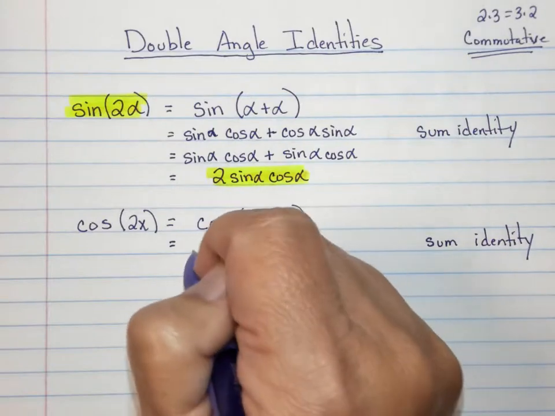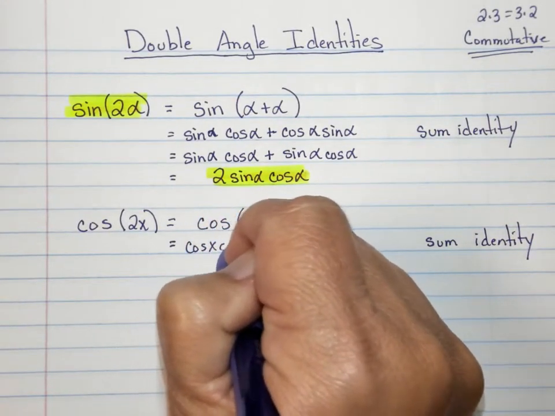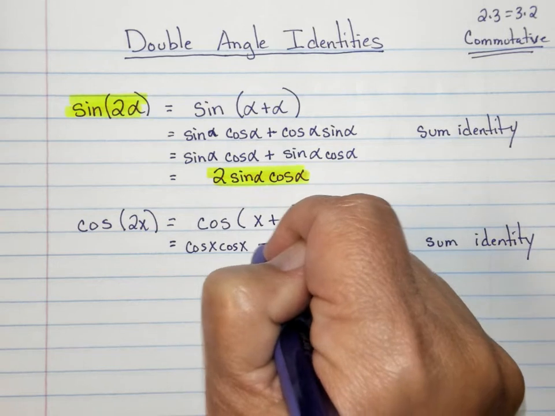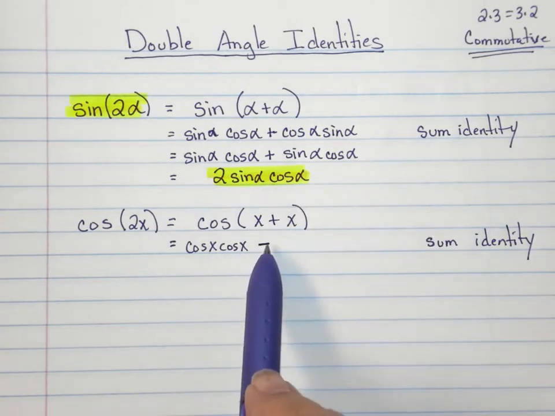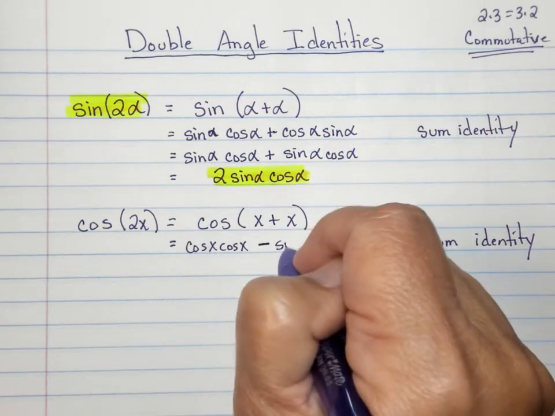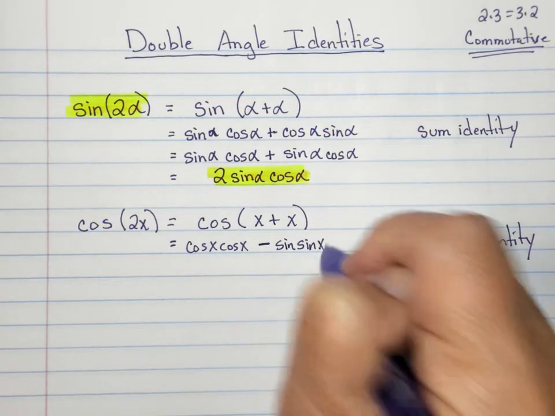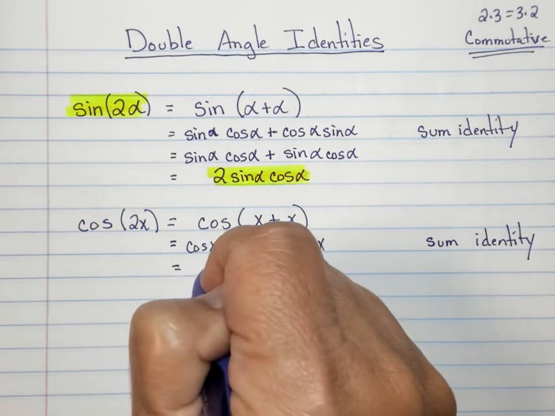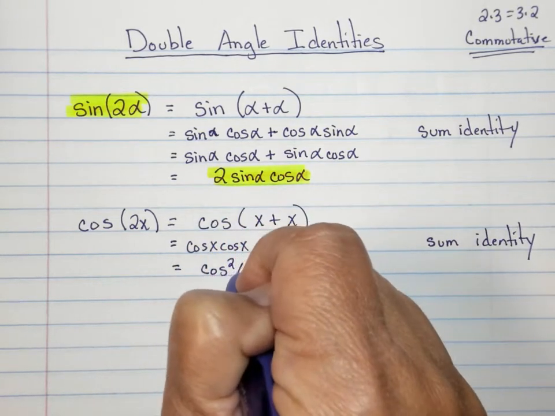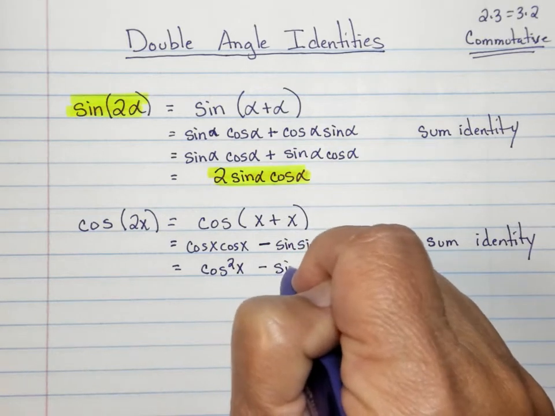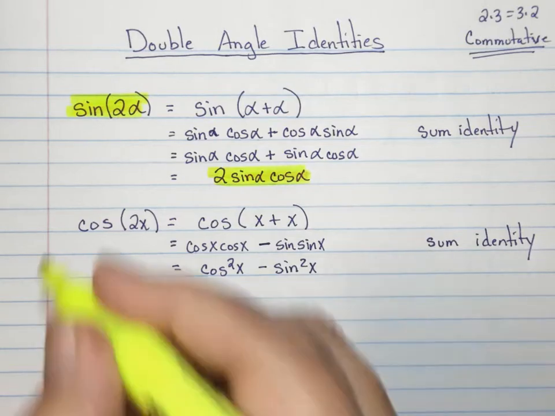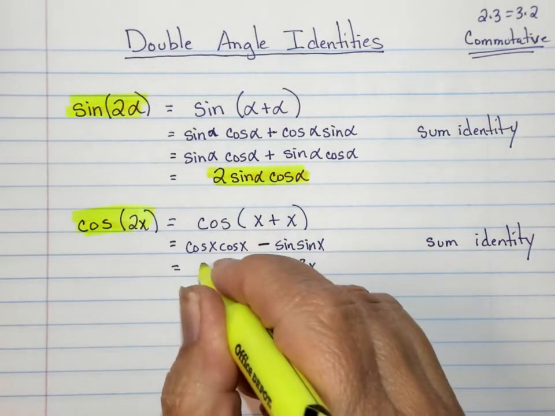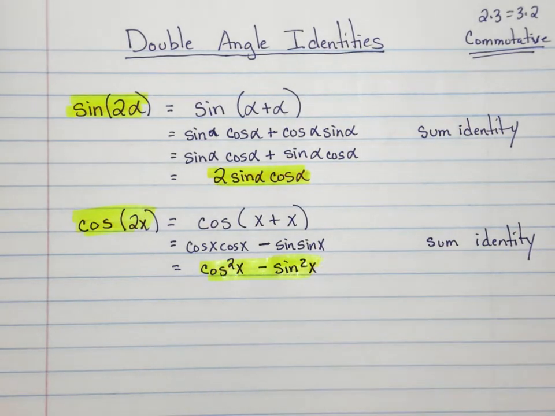So do you see that it's going to be cosine x cosine x minus, the sum identity for cosine has a minus in there, sine x sine x, which I can then write as cosine squared x minus sine squared x. So there is my double angle identity for cosine.